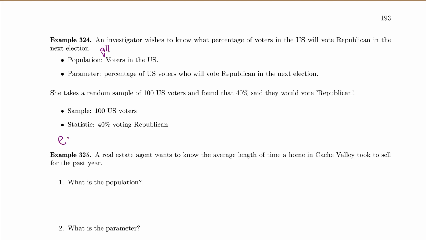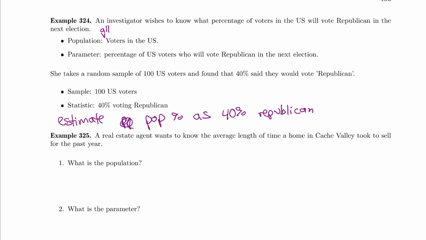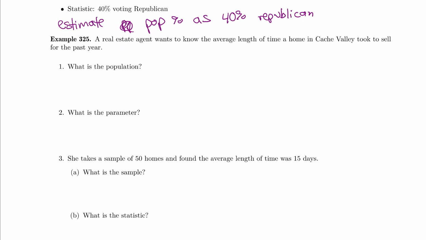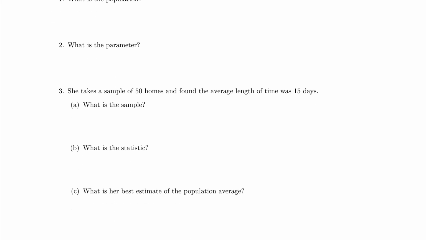And so we will estimate the population percent as 40% Republican. We're going to talk more about that later, but our sample is our best estimate of our population. We'll do the next example in class. You can try it now if you want to see how you're doing.